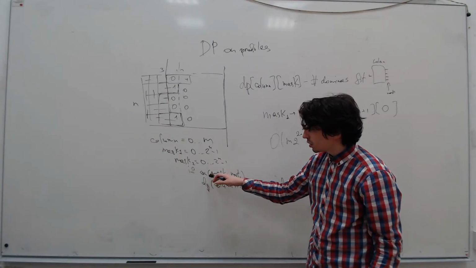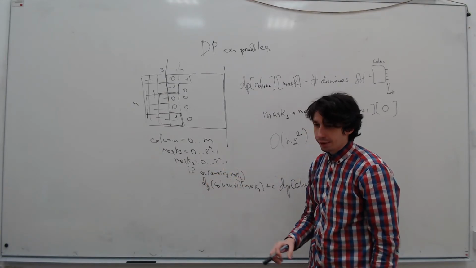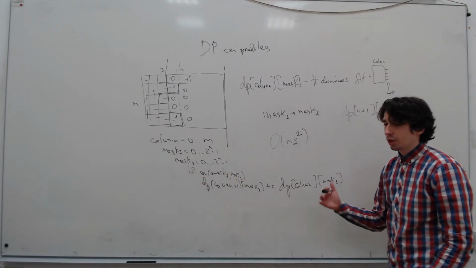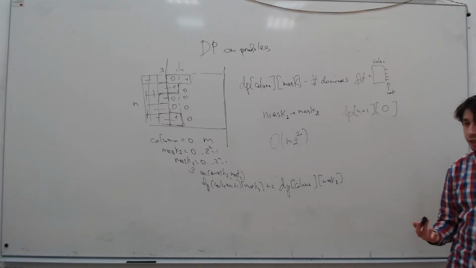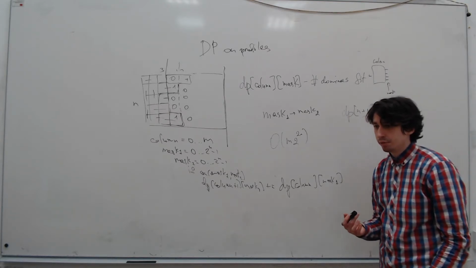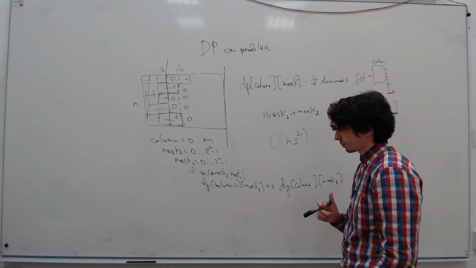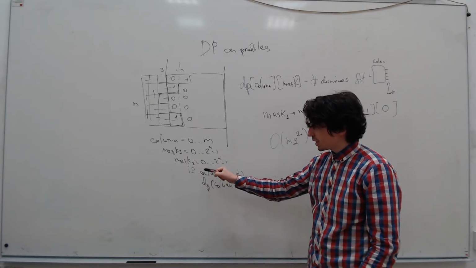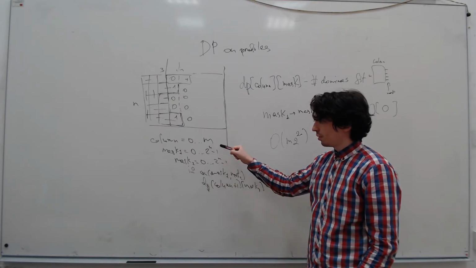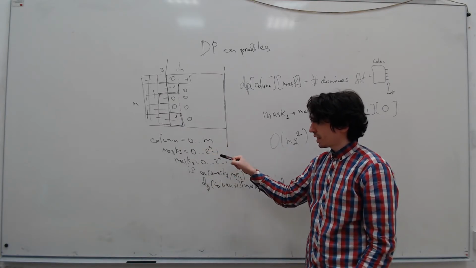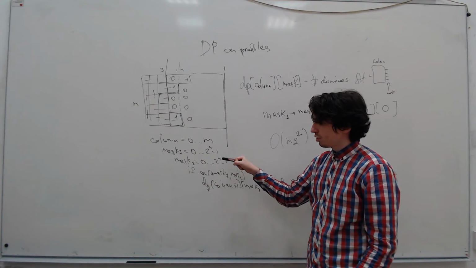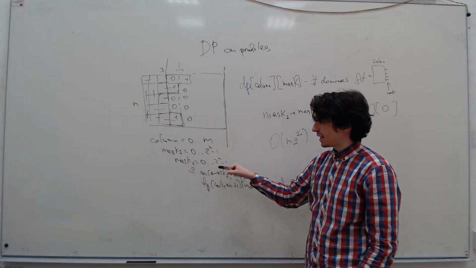We do this with this magical function can, which we can pre-calculate before doing this. So we just traverse through the column, traverse the mask, and check: can we get to the next column with this mask?